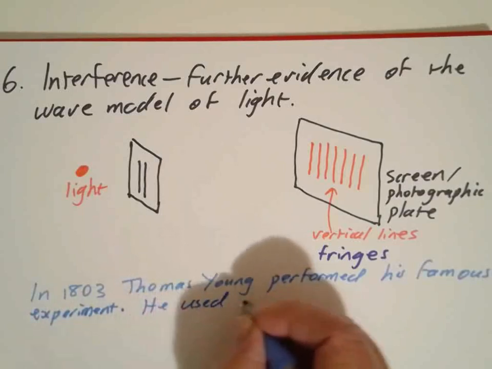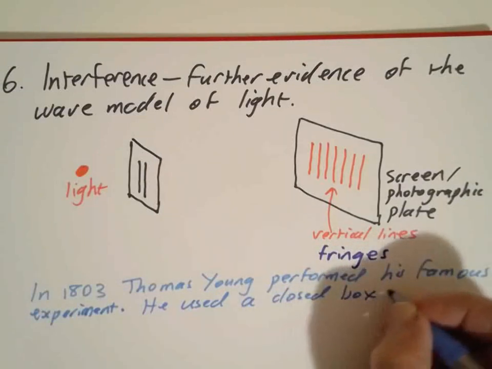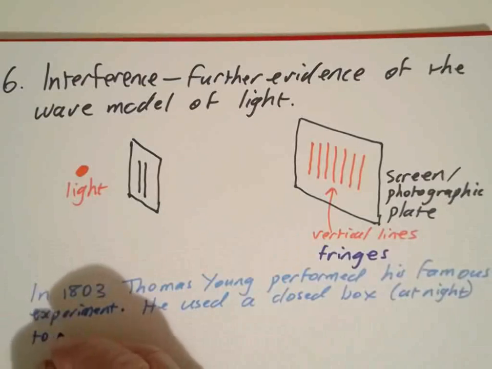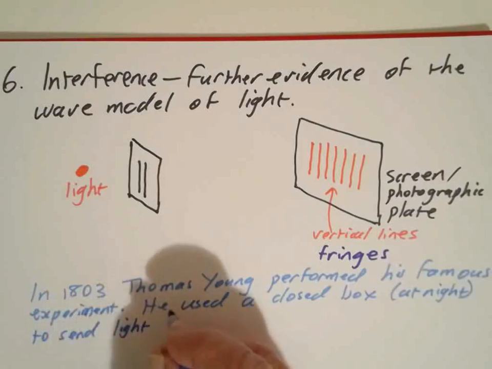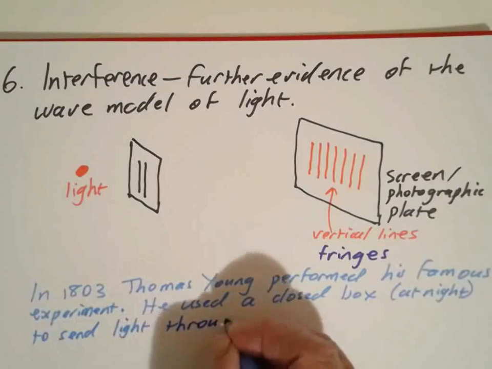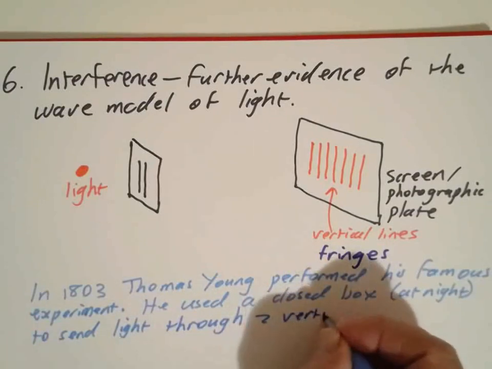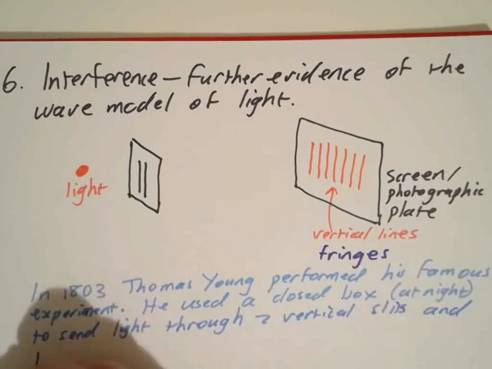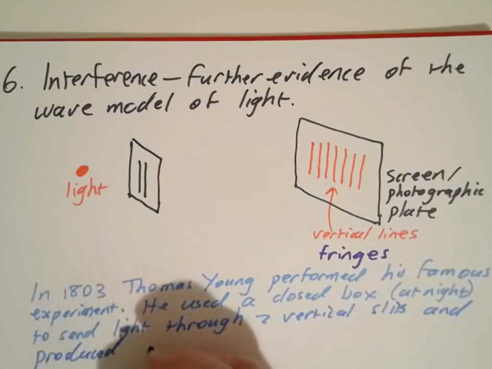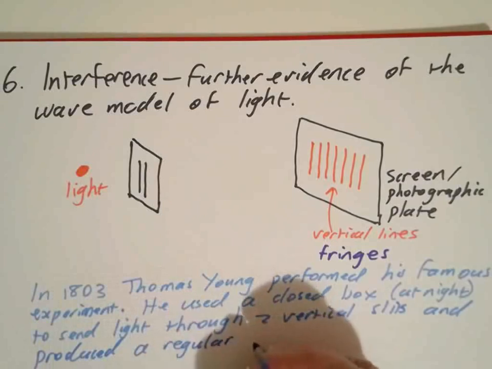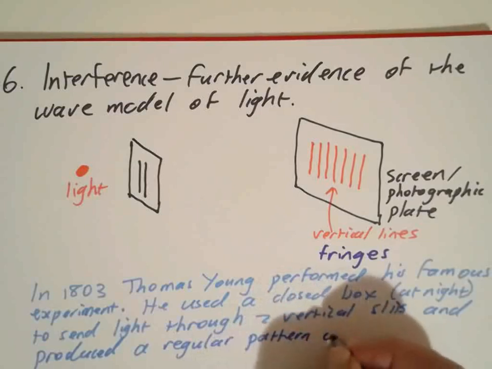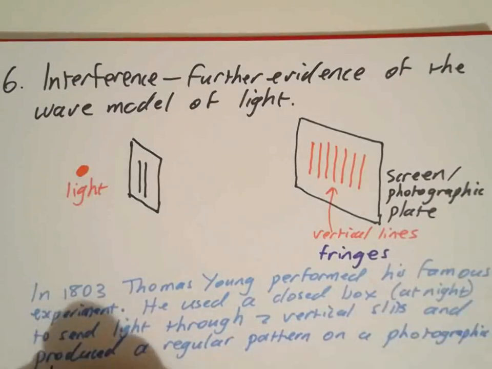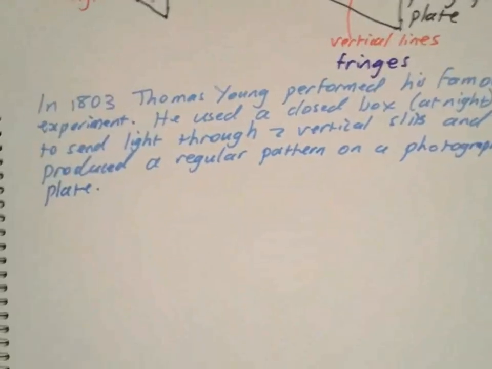He used a closed box at night to send light through 2 vertical slits and produced a regular pattern on a photographic plate.